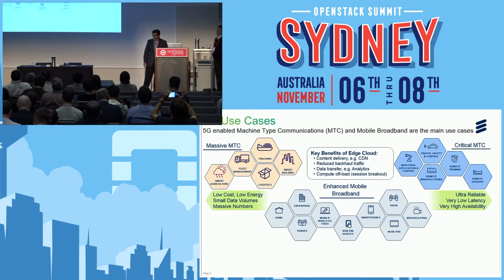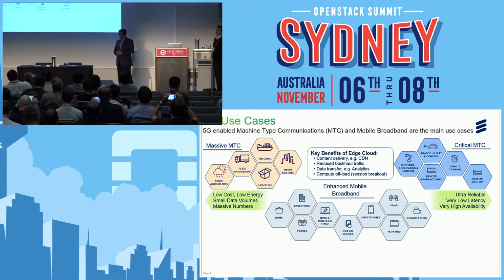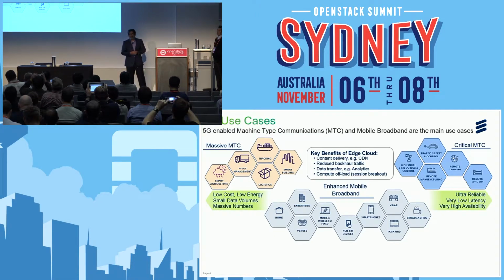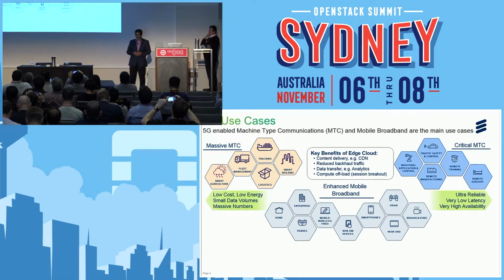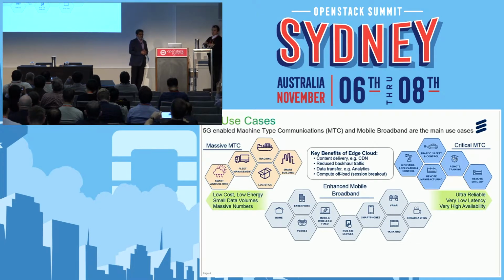But the point here is that once we put things into the edge, we have special requirements as well as benefits. We can put content at the edge, which will minimize the delay and reduce the cost. We can do a lot of processing in terms of data science analytics.